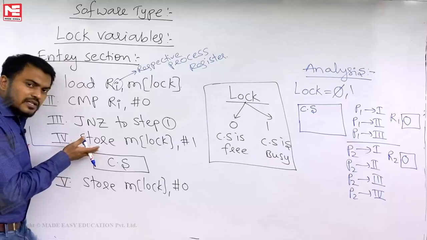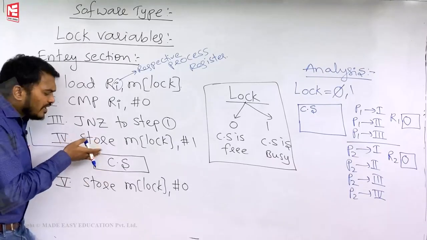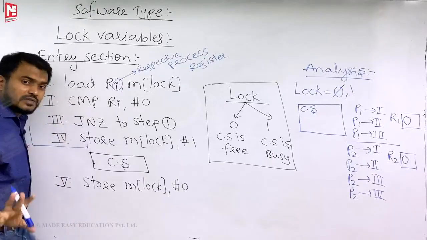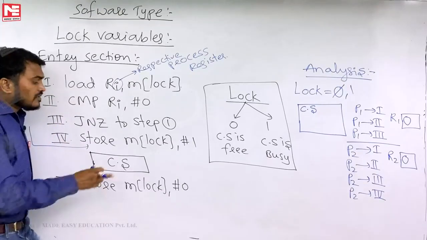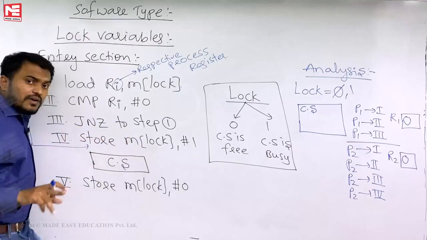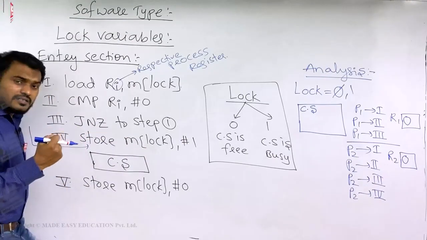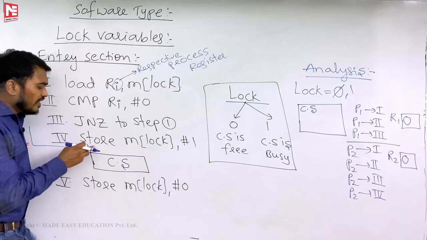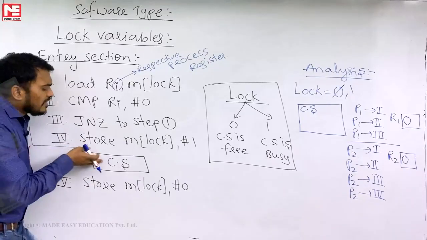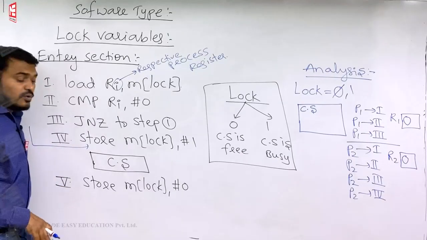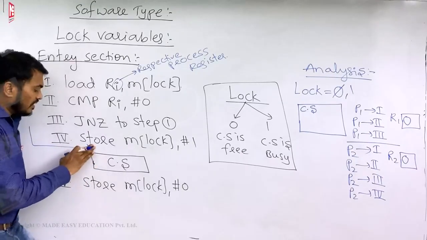Even if you take preemption here, no problem, the process will come back and directly enter into the critical section. So you have to say critical section is busy only. Why? Because you already made the lock value 1. You are already reserving the critical section. So even if you take preemption, when the process comes back and directly enters the critical section, there is no condition checking on anything here. So what you have to say? Critical section is busy only, right?